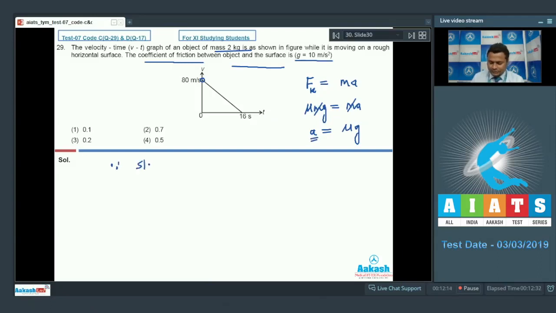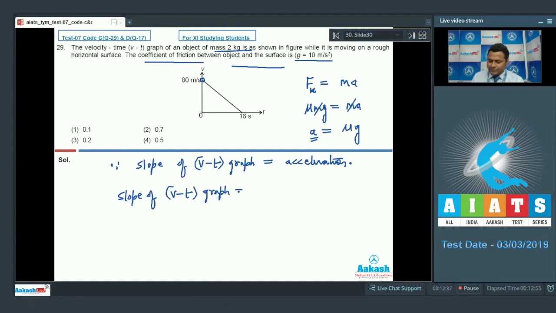Therefore the slope of the VT graph will be mu times g. Therefore mu equals the slope of the VT graph divided by g.